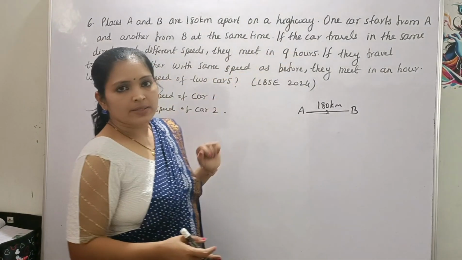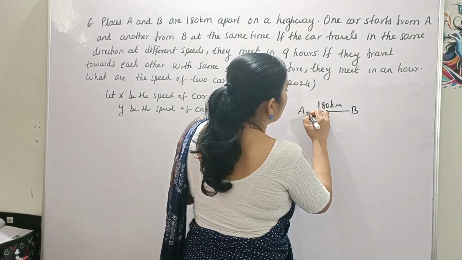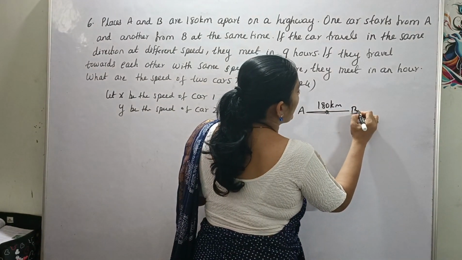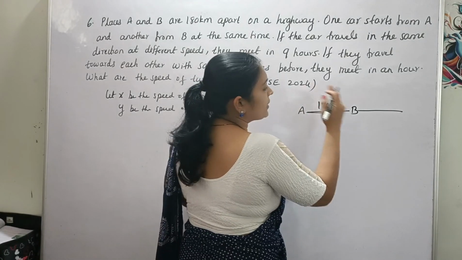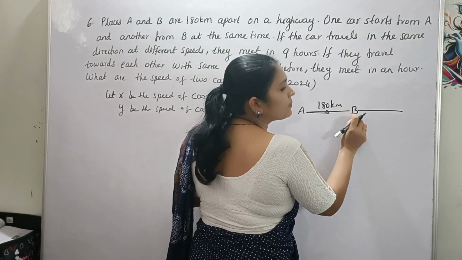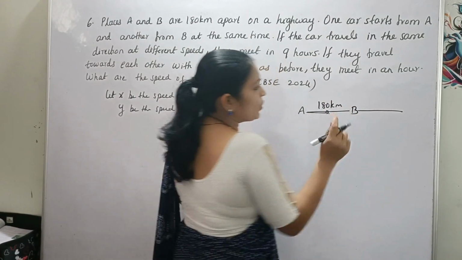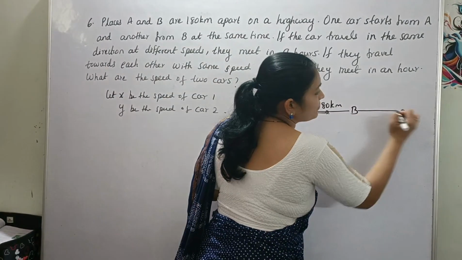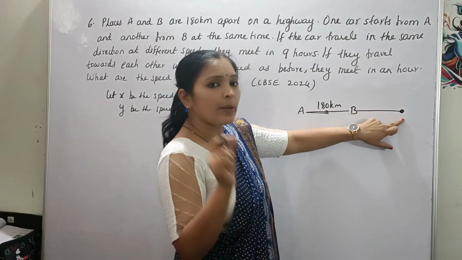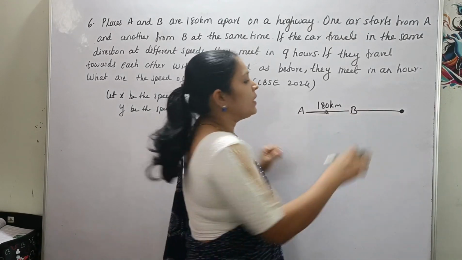They meet in 9 hours. Car 1 starts from A and car 2 starts from B. So they meet in 9 hours, suppose they meet here, at the point where they meet.